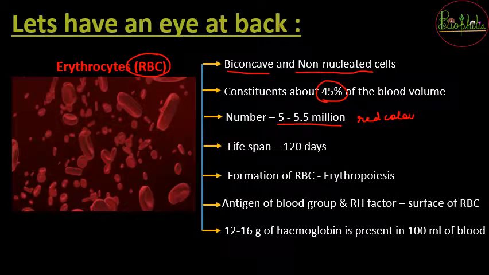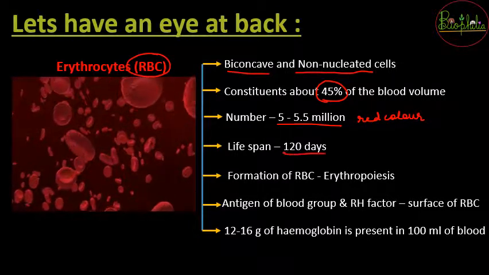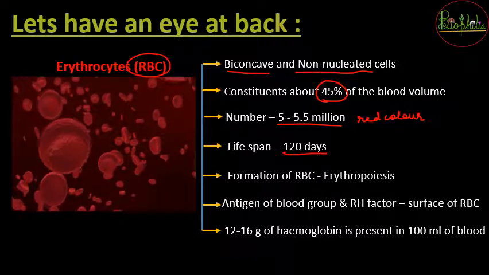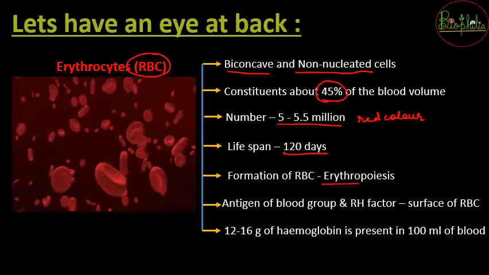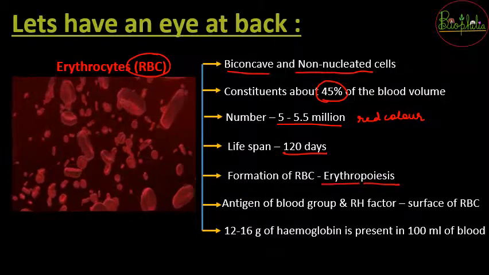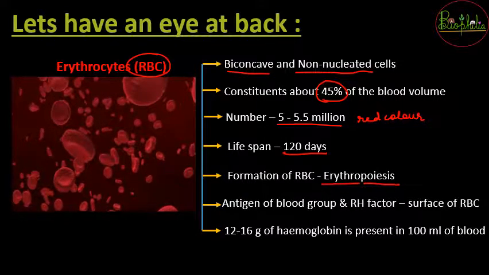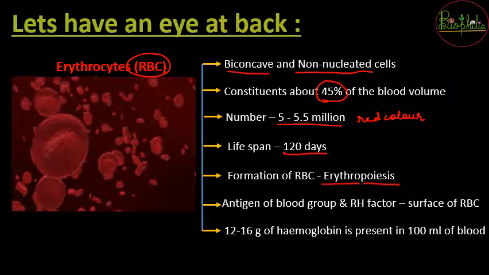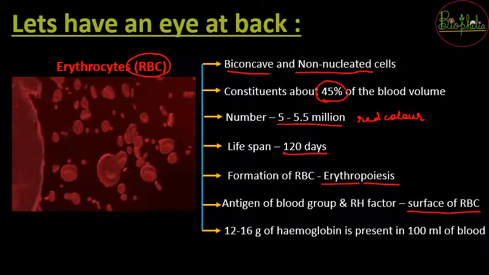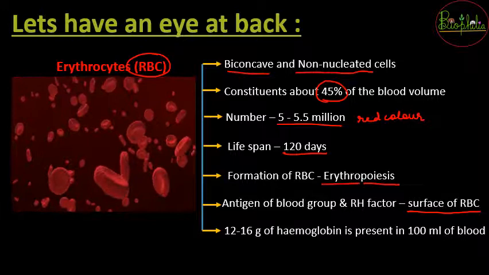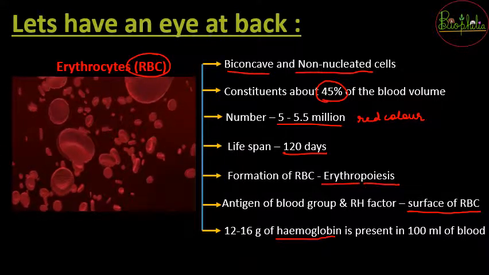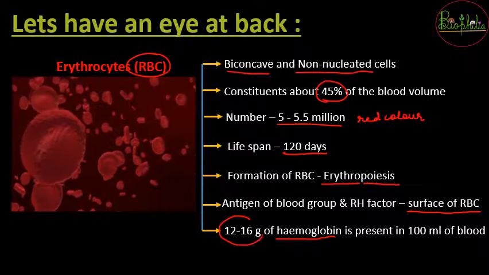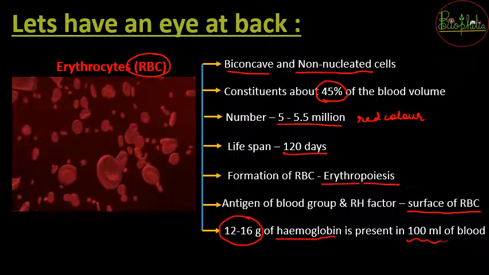Then you have the lifespan of RBCs as 120 days, and formation of RBCs you might know is called erythropoiesis. Then the antigen of the blood group, which is going to decide the blood group, is going to be present on the surface of RBC, and inside RBCs in the cytoplasm there is hemoglobin. So hemoglobin is 12 to 16 grams in 100 ml of blood.